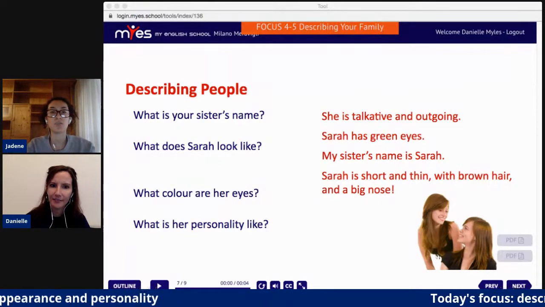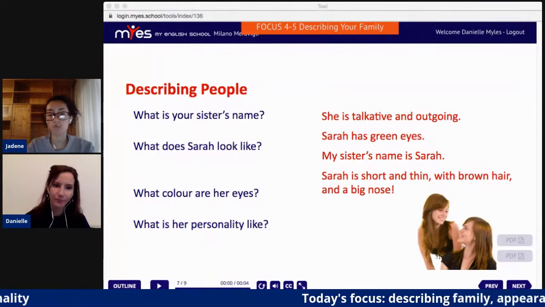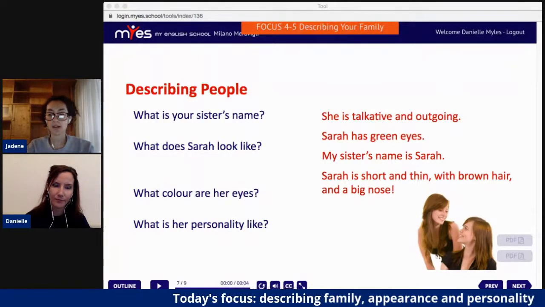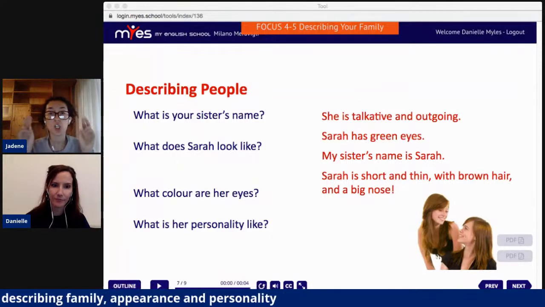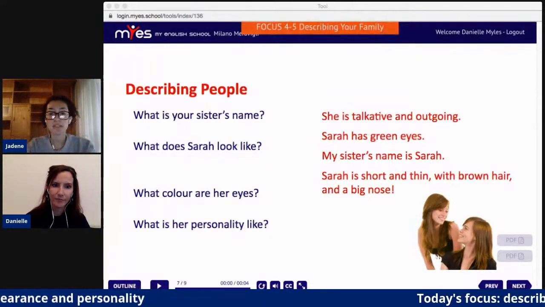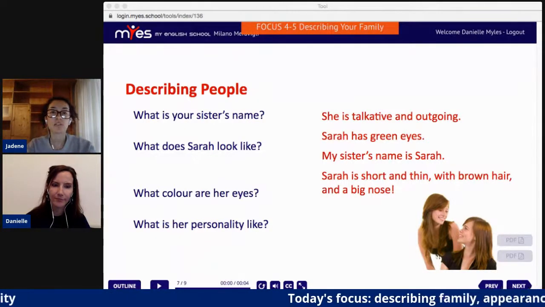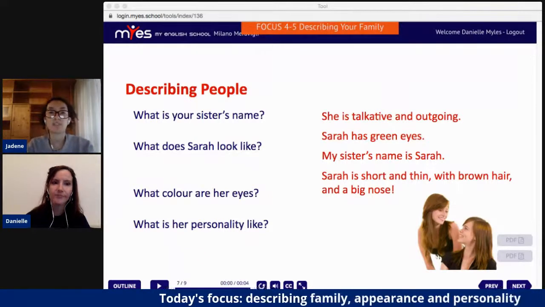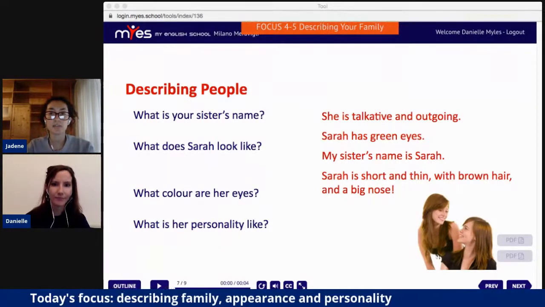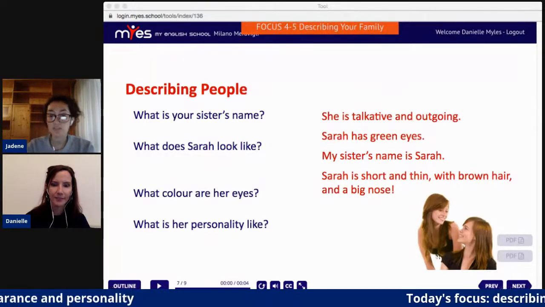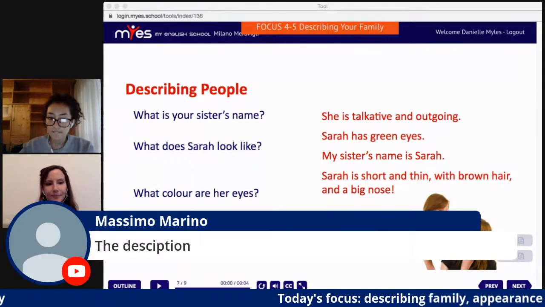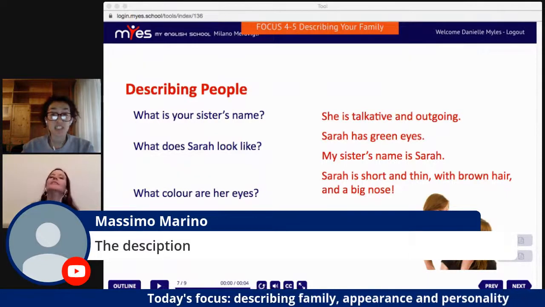It's something that you enjoy or brings you enjoyment. But in this example, the phrase look like means what is Sarah's appearance? Or who is Sarah similar to? Massimo said the description exactly. So the physical description.